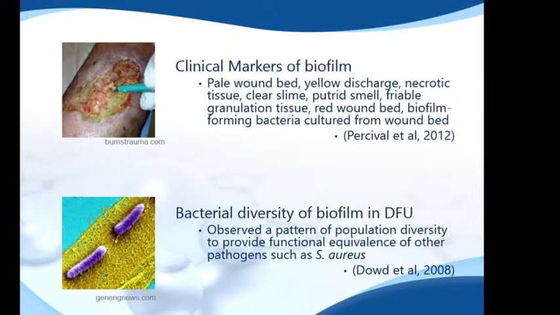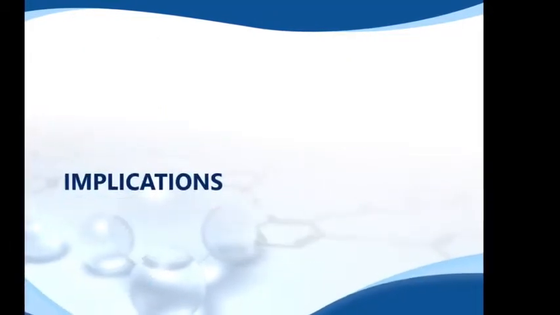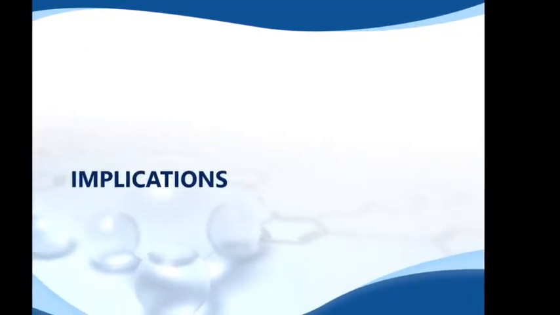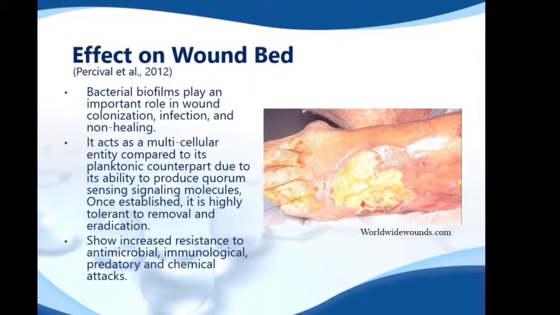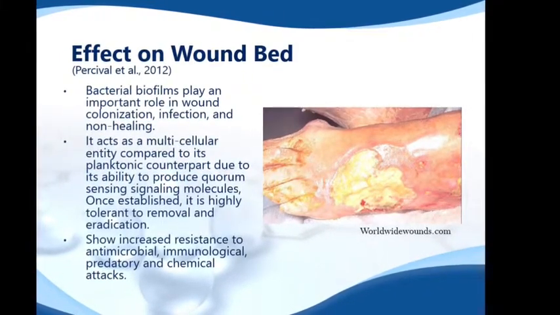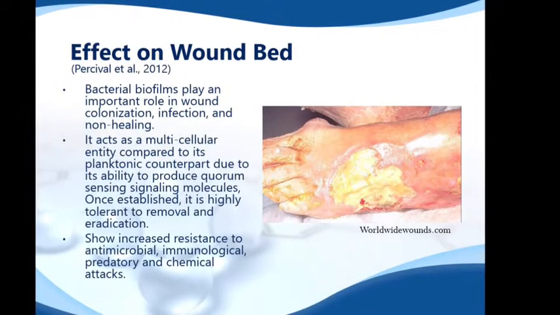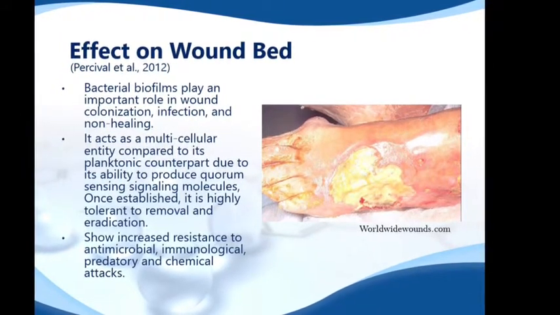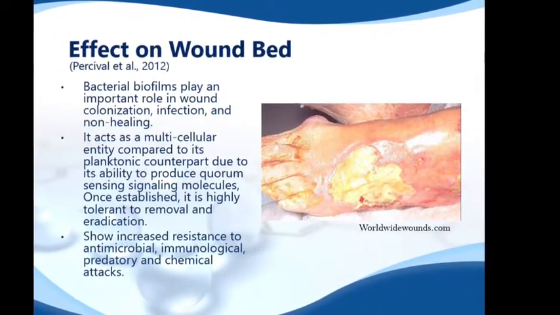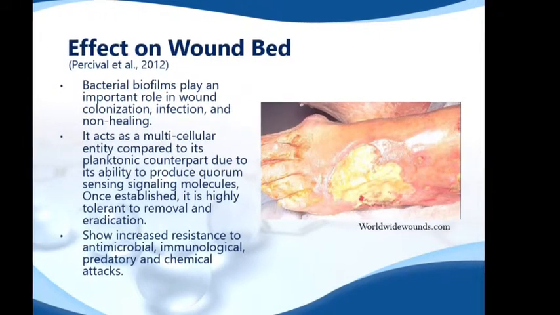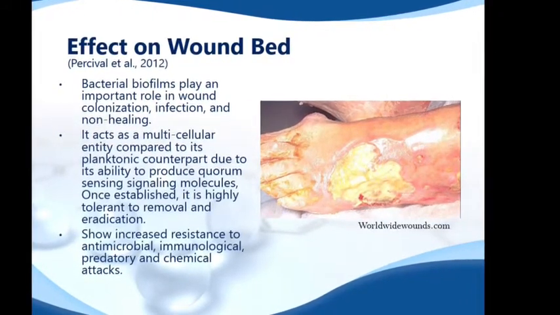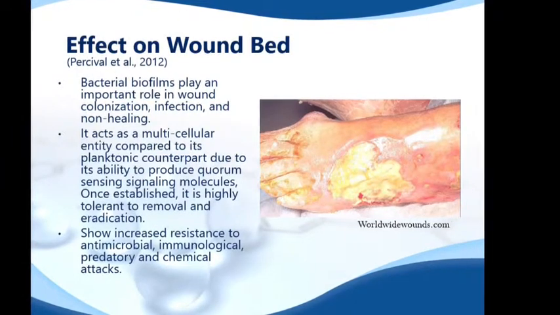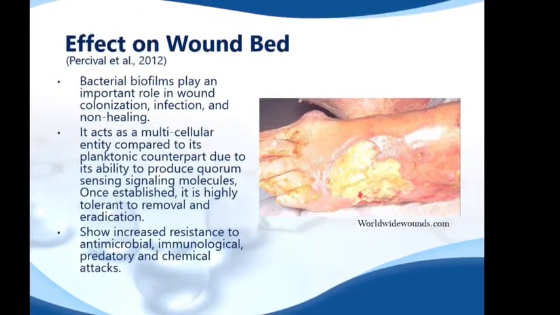It causes failure of the wound to heal and causes chronic inflammation by inducing perpetual inflammation within chronic cases, and increases susceptibility to infection. Its effect shows that it increases resistance to antimicrobials, immunological, predatory and chemical attacks, which renders traditional antibiotic methods ineffective against it.